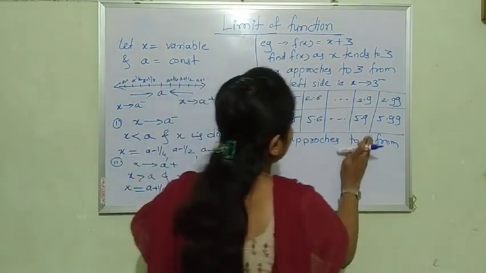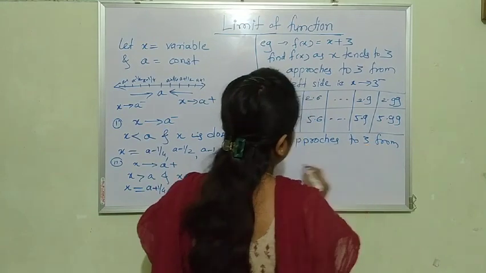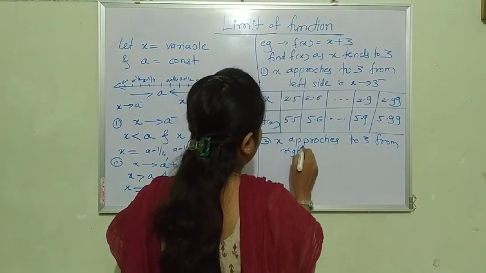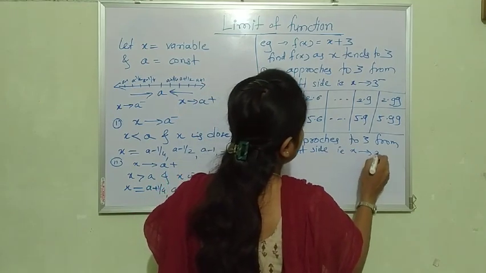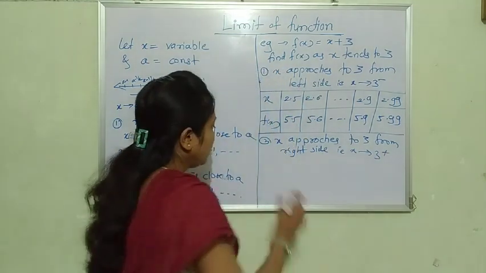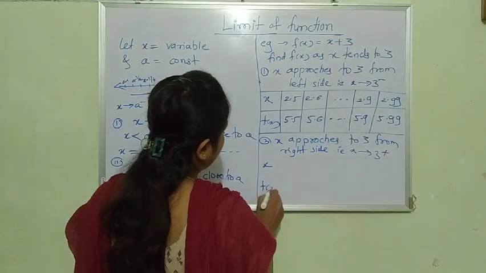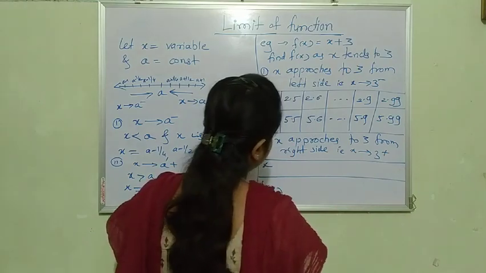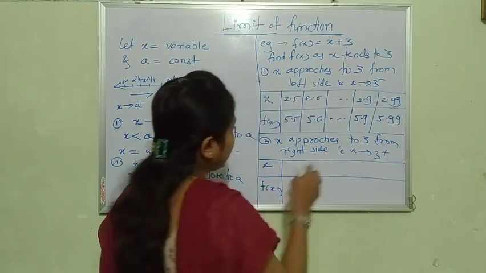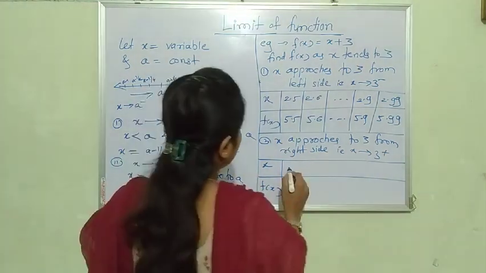x approaches 3 from the right side. That is, we can write it as x tends to 3 plus. Again prepare the table, and after preparing both the tables, let us observe. What is the value which is next to, close to 3?